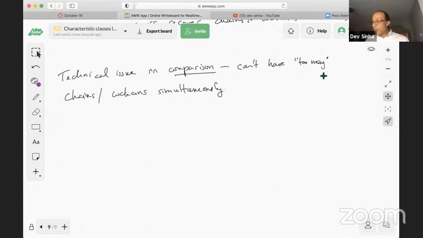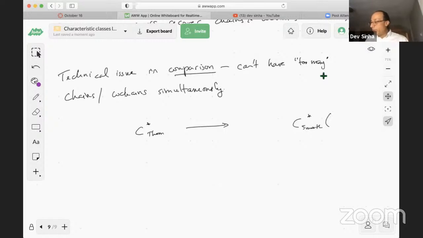This is more subtle. The point is that what you'd want to do is have these tome cochains compare with all smooth cochains.